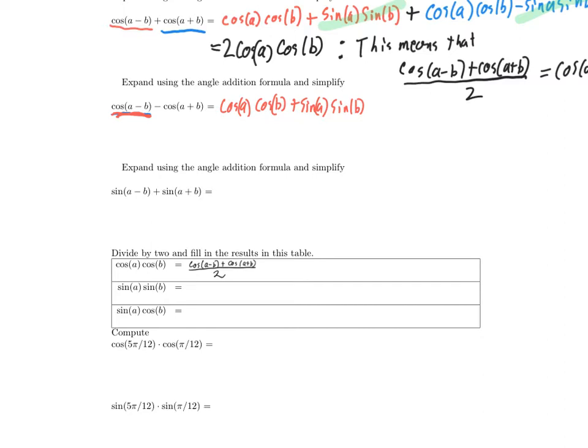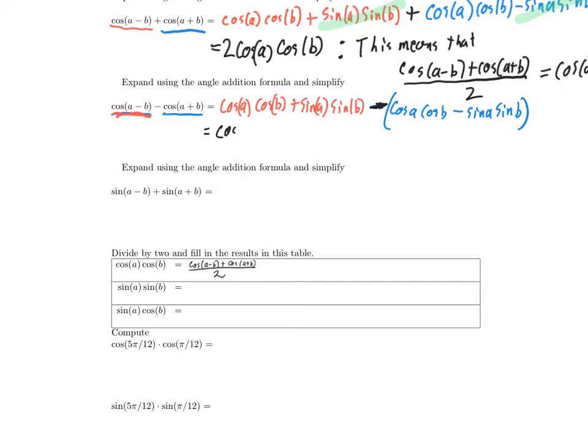Next, I need to subtract cosine of a plus b, which plus becomes minus, and the formula is cosine a cosine b, parentheses matter, so I'll put big parentheses right there, minus sine a sine b. And what does that reduce to? Well, let's simplify a little bit.